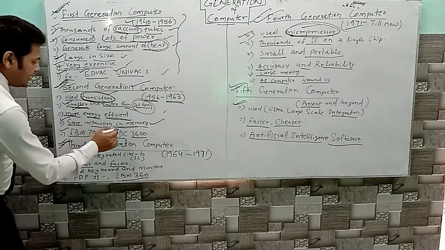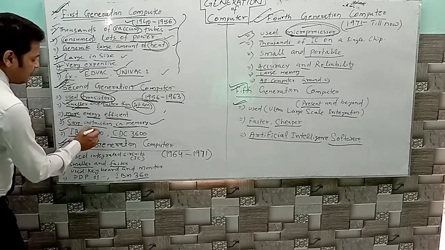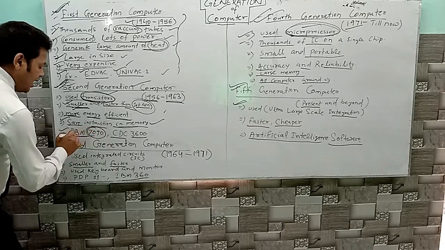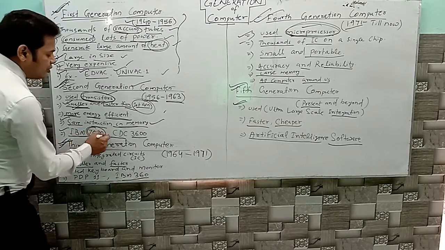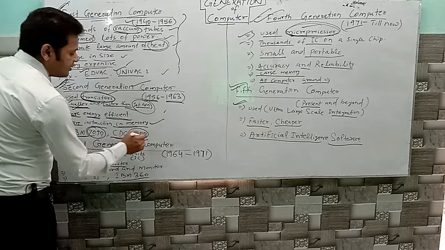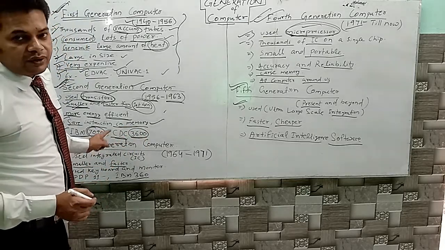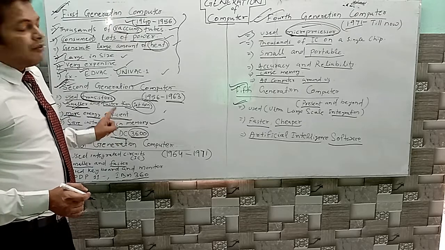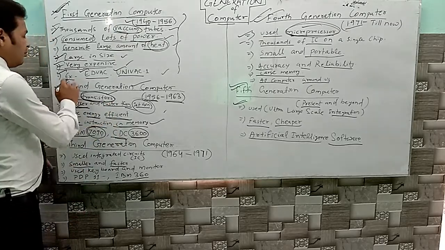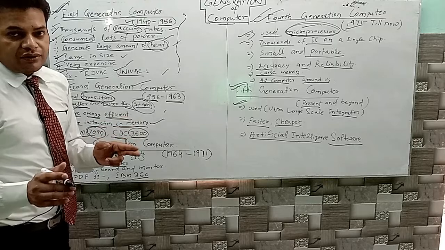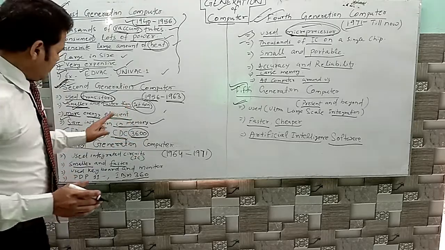Examples of this computer were IBM 7090 and CDC 3600, which were very much used at the time of the second generation of computer. Okay, this was the second generation of computer.